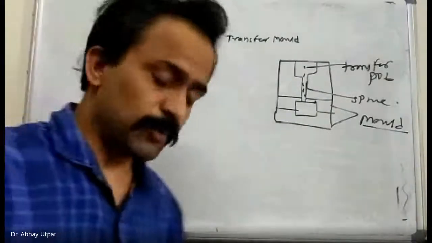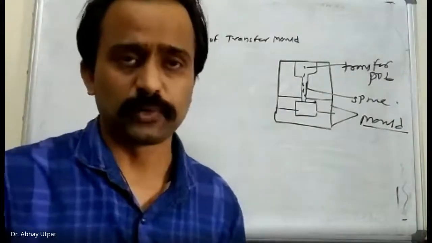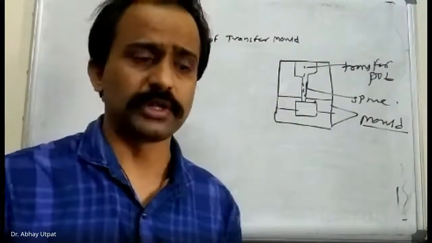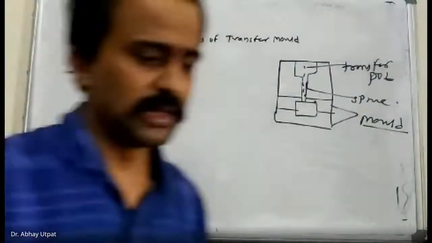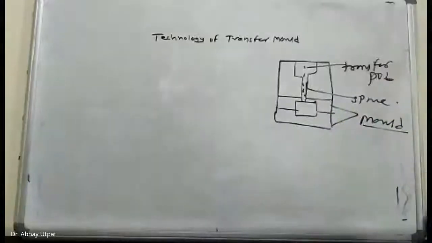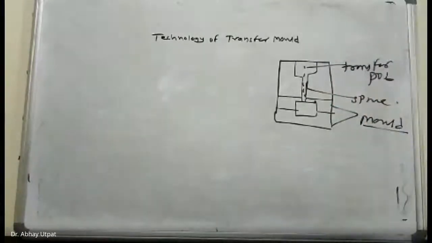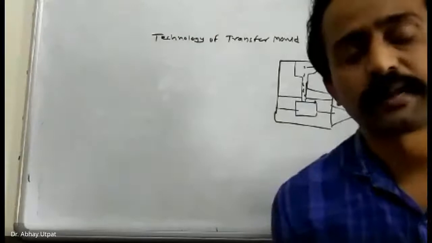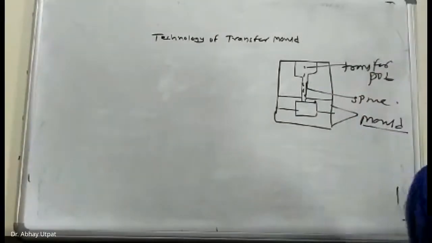The transfer molding is an extended part of compression molding, where you can say advanced compression molding is called transfer molding. I repeat once again, the mold parts that are unable to be molded by compression molding are molded by transfer molding.